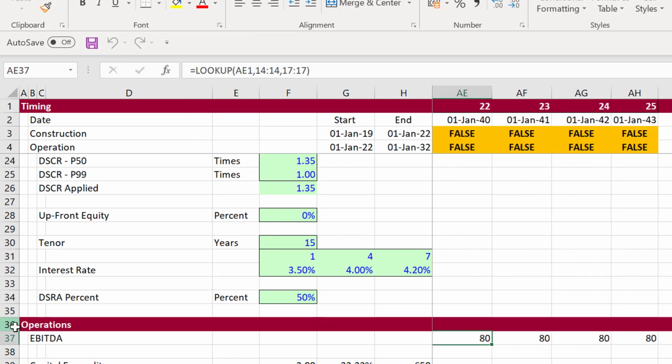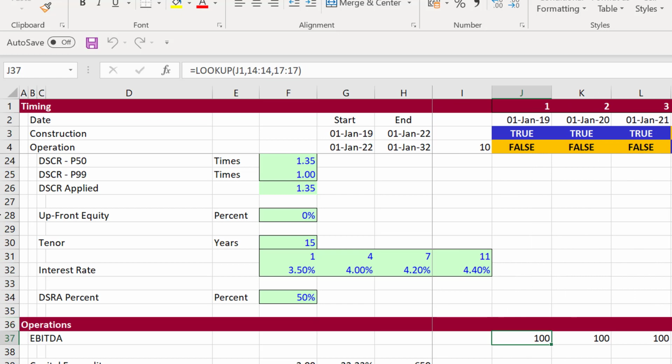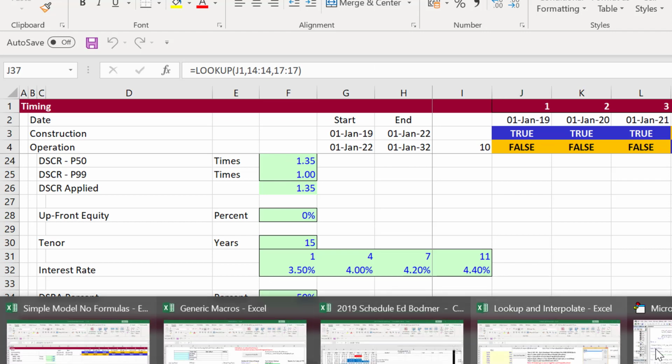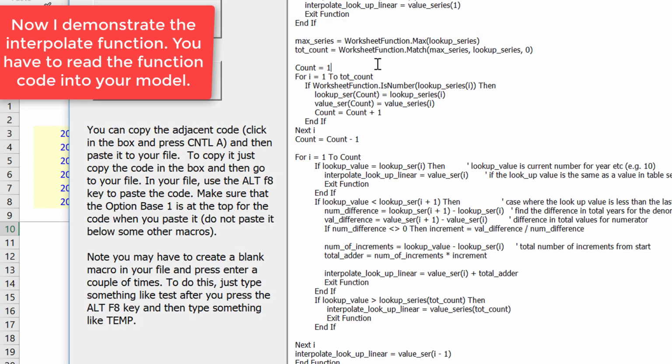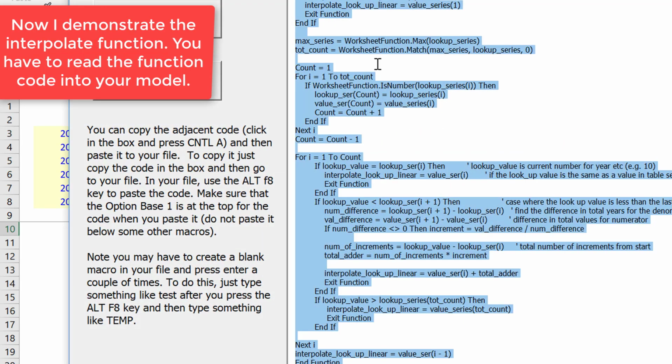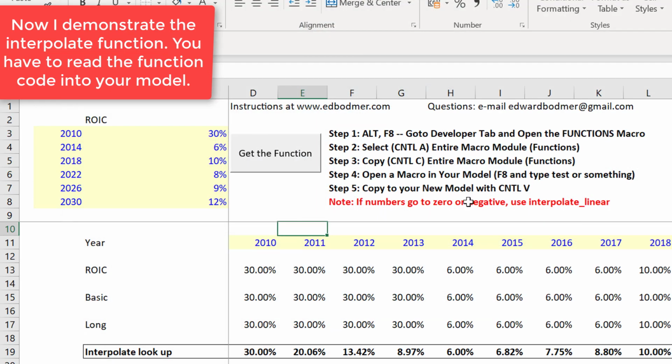But we might want to have it go gradually up and down, and if I do that, here we go. I'm going to go to my little lookup and interpolate area, and click on this. Control C, get the whole little stuff in there.